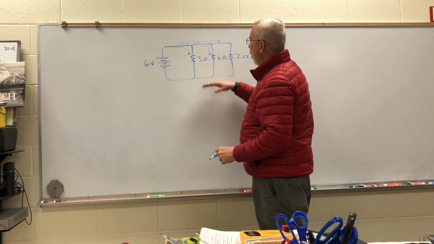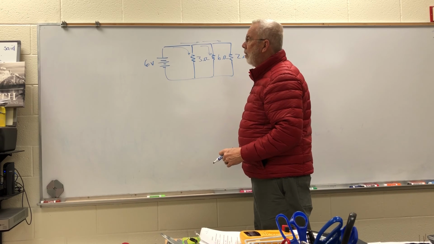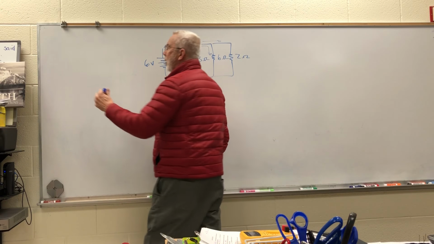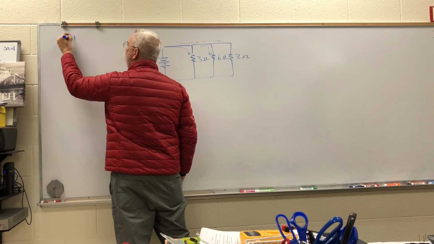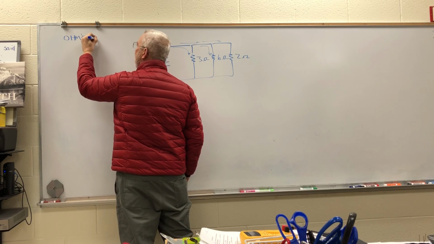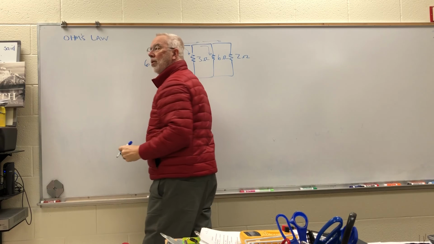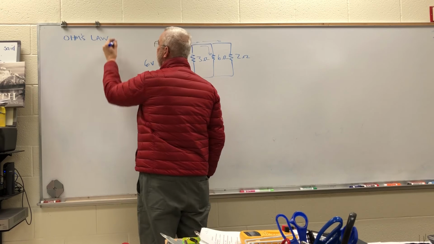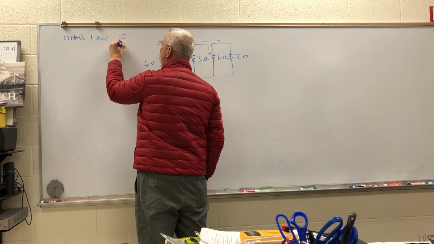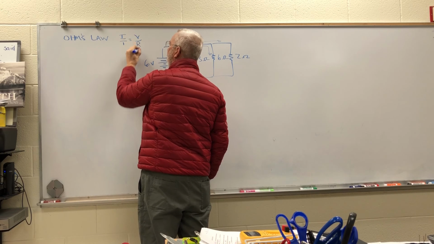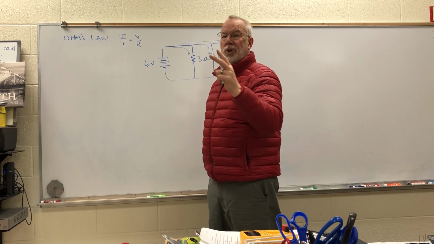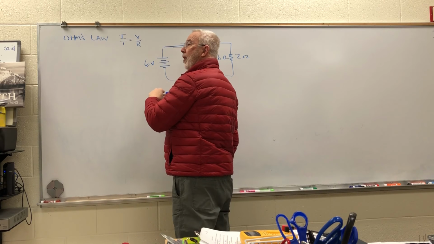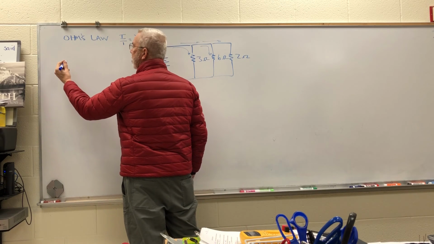Now, before we work that problem, let's go back and talk about some of the rules for parallel circuits. Of course, Ohm's law applies for all circuits, and we said that I over 1 equals V over R, and so that's Ohm's law. Secondly, but different, is the resistance.